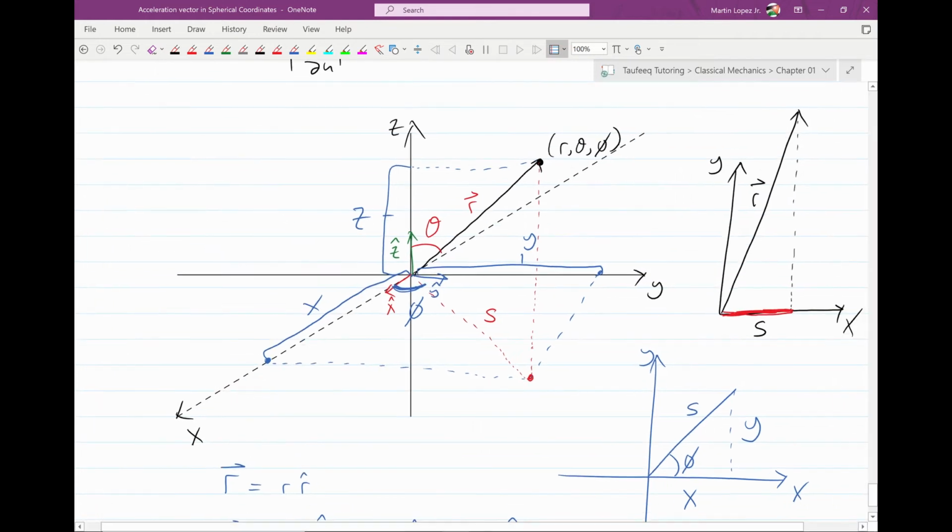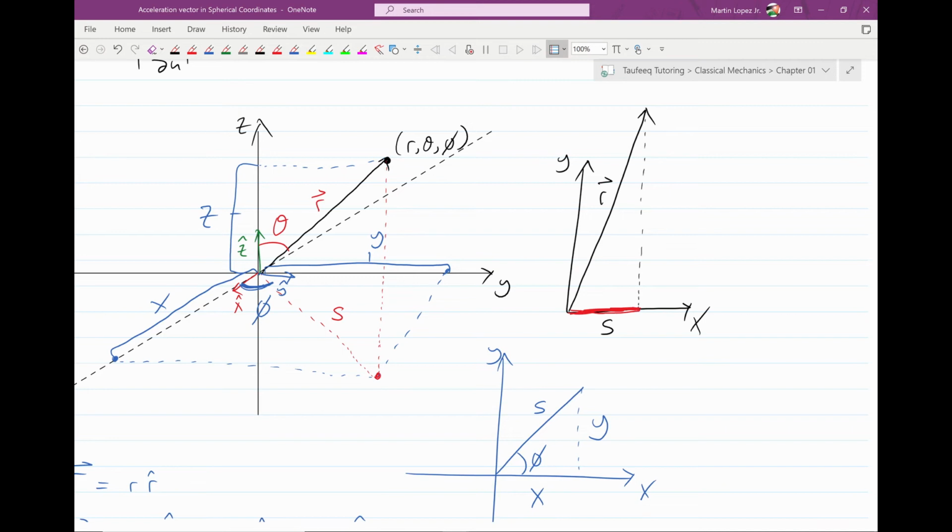2D plane. And let me go back to this projection here. We can see clearly that this s length is also the same over here. These are the same, right? These are the same length. I just kind of shifted it up to the head of the vector, correct?